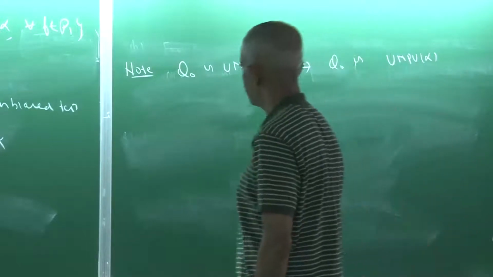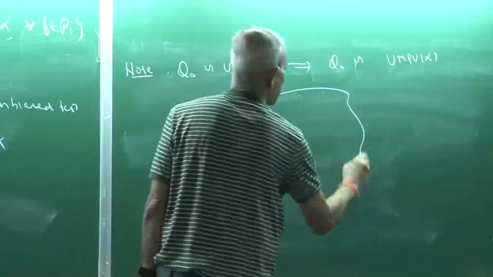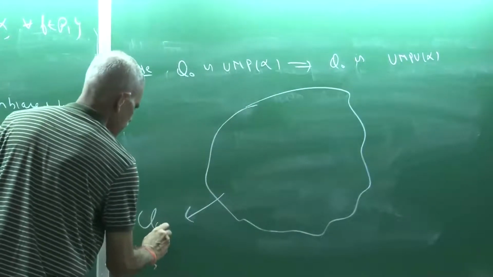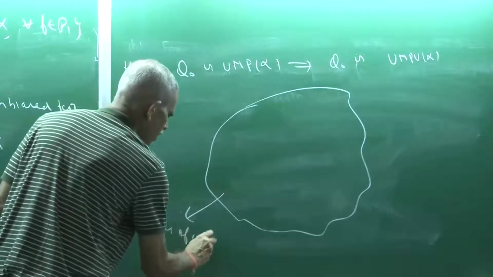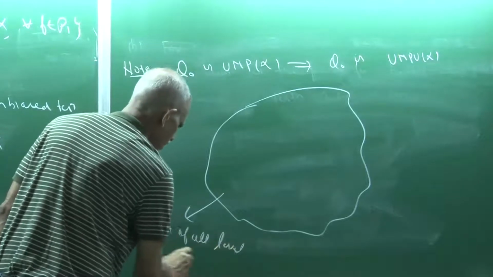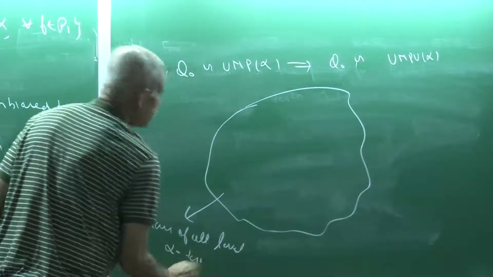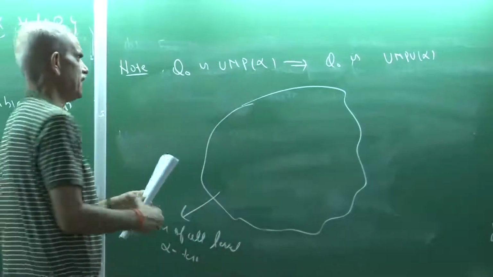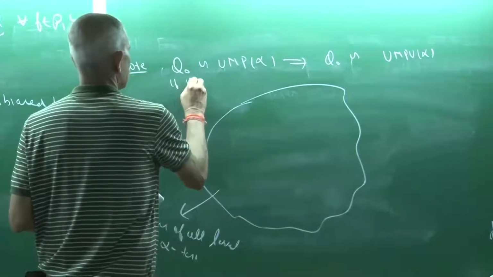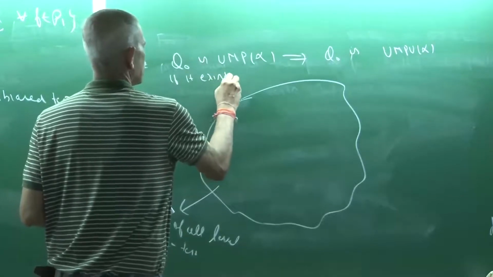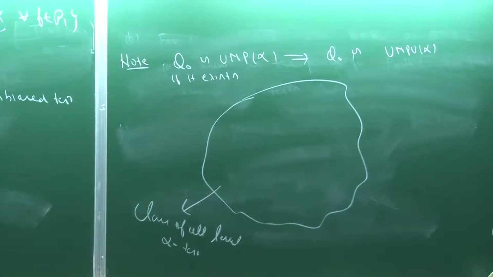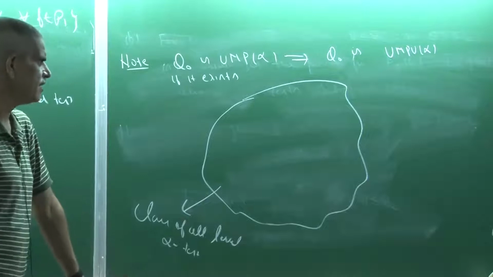Why? The thing is very simple, because I consider this to be the class of all level alpha tests, provided phi naught exists. If it exists, then it would be UMP alpha, because phi naught may not exist; a UMP alpha test may not exist. So this is the class of all tests under consideration.